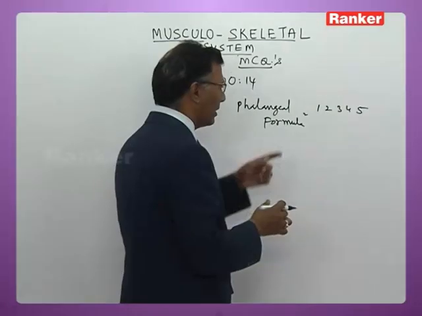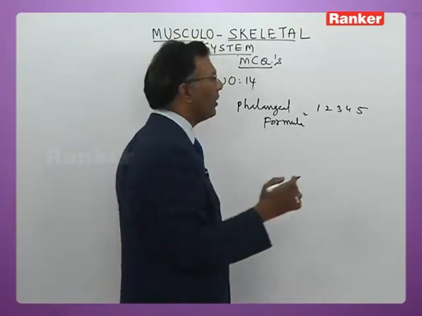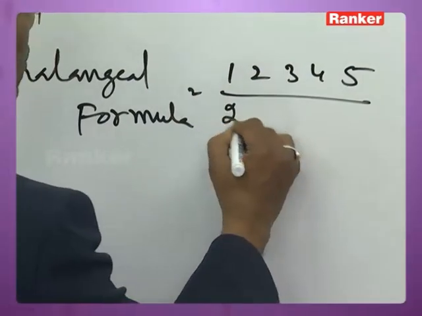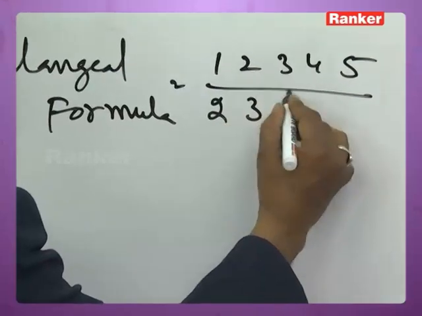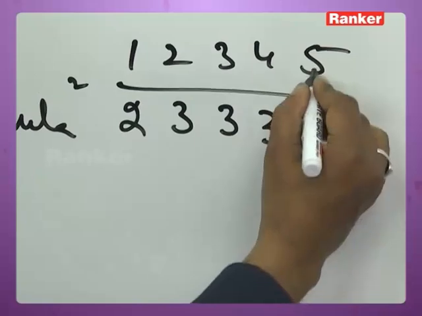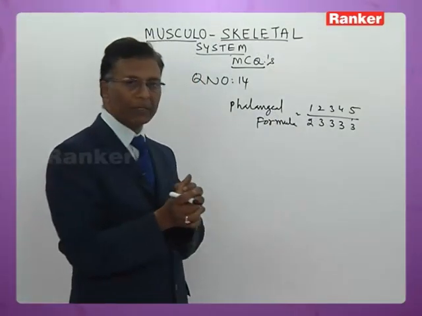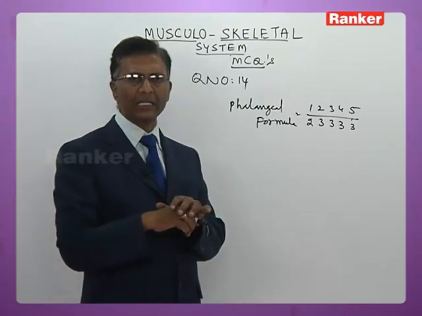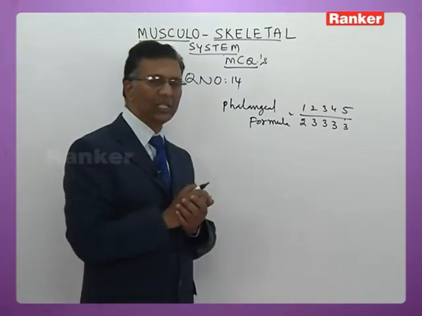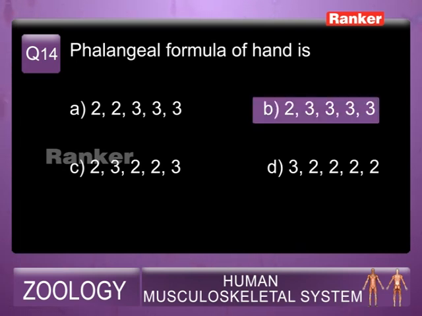These are the fingers here now, where the first one is the thumb. Now thumb has 2 phalanges, second finger has 3 phalanges, third finger has 3 phalanges, fourth finger has 3 phalanges, fifth finger also has 3 phalanges. So except thumb here now, all the remaining fingers have 3 phalanges each. So the answer is 2 and 4 threes. So the answer is B.